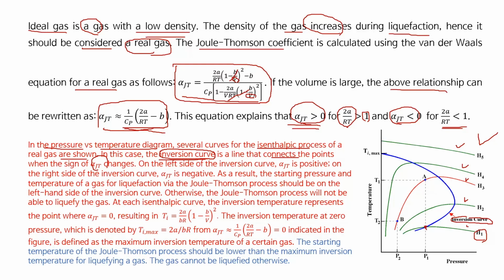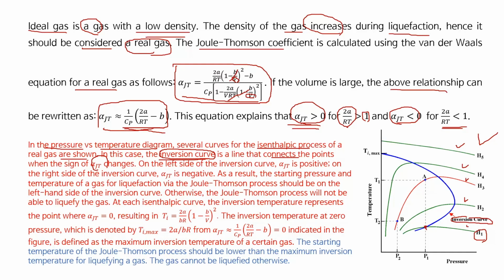On the right side, alpha JT is negative, the slope is negative, and on the left side, the slope is positive. So the slope changes from positive to negative at this point.